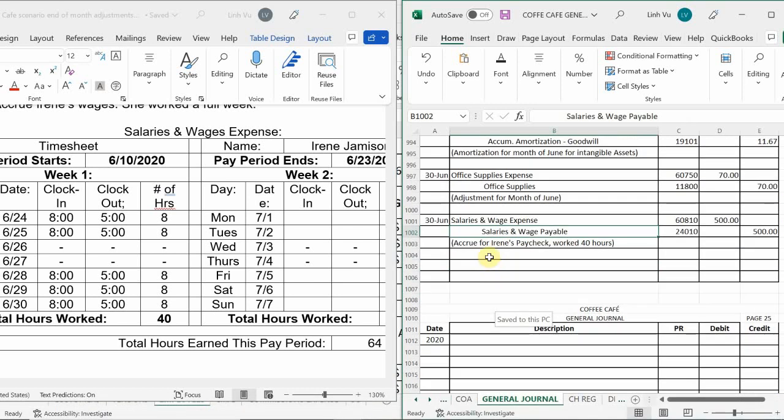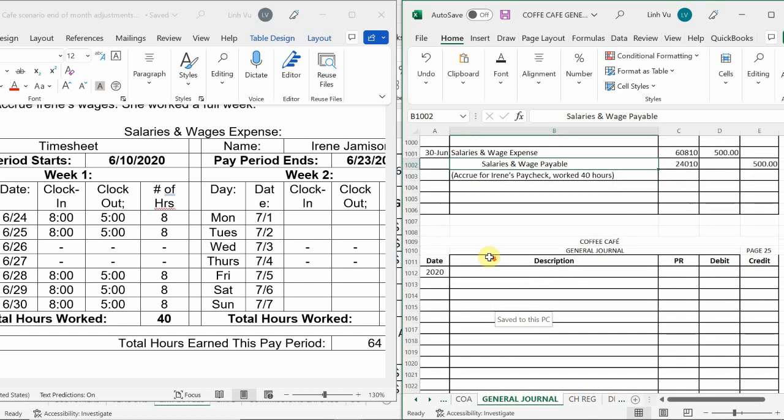Now, for example, what happens when I do pay my employee? Well, I'll show you down here. This is what you're going to do. You're going to have another salaries and wages expense, for whatever X amount of hours that she has claimed. And down below is going to be your salaries and wages payable, okay?